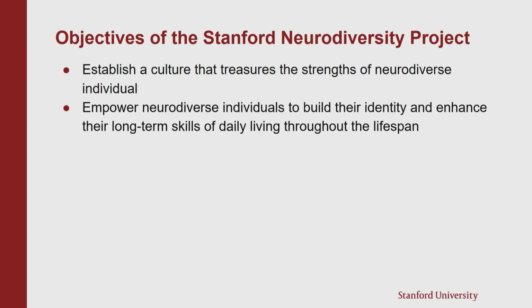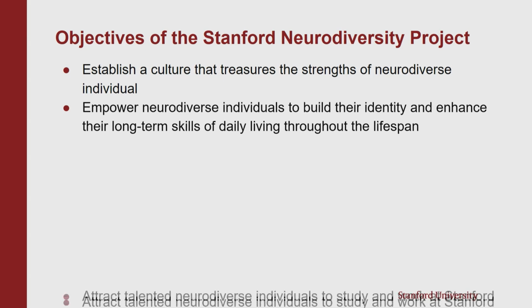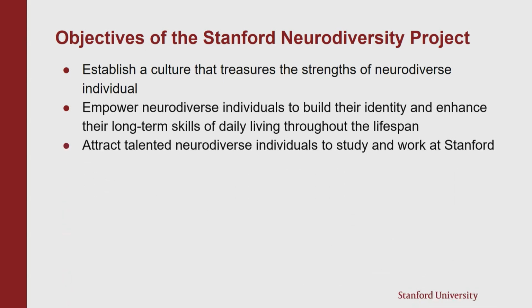And we want to empower these individuals to develop their personal identity so that they can have really good long-term success in dealing with life. And if we're doing it right, then we're going to attract the students to come here to Stanford instead of MIT or Harvard.